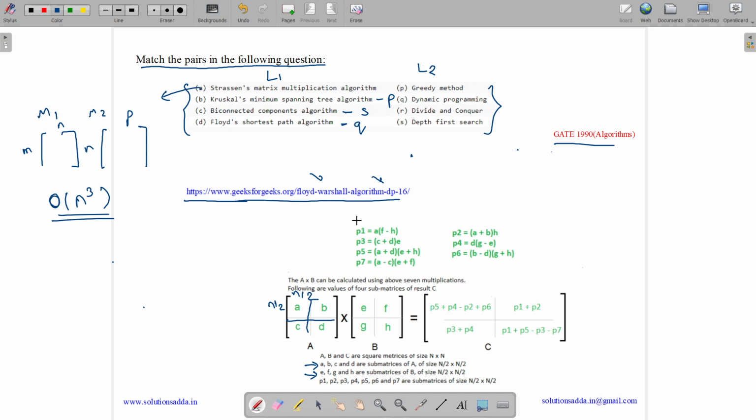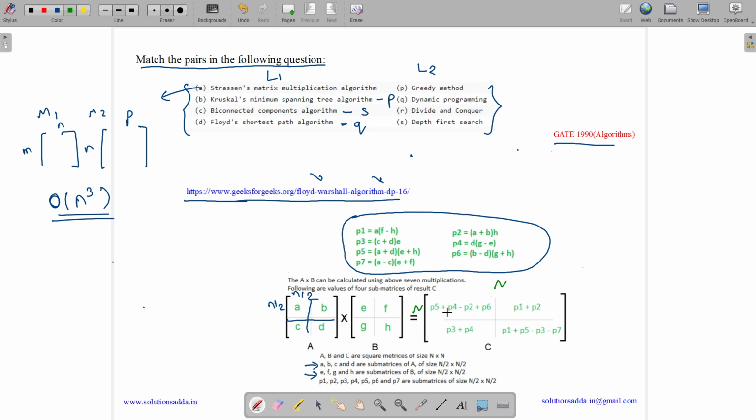Now we have these 7 predefined formulas. We need to remember them. Here each of A, B, C, D, E, F, G, H is an n by 2 cross n by 2 matrix. If we perform these operations, then we will get the resultant matrix which is of size n cross n for the multiplication. Let us count the number of multiplications and additions.